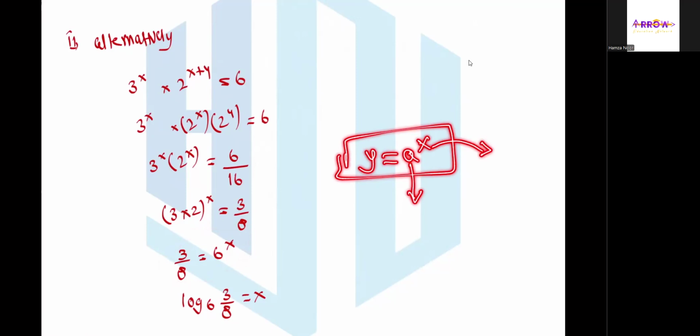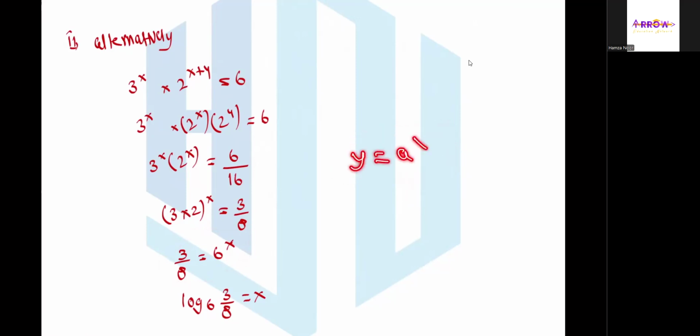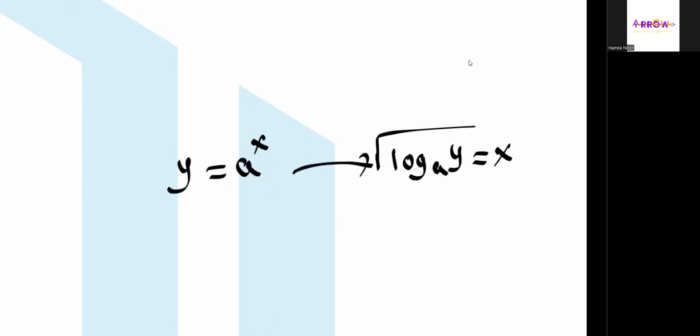When a basic index form is converted into a logarithmic form, the base of the index form becomes the base of the logarithmic form. So a, the base of the index form, becomes the base of the logarithmic form, and I can say that log with base a argument y is equal to x.